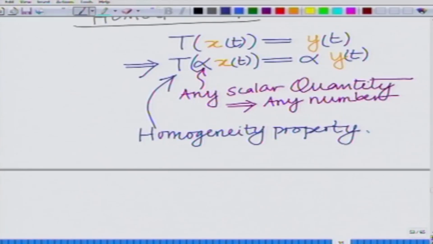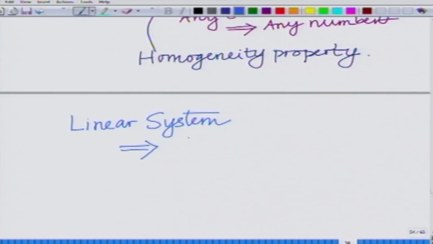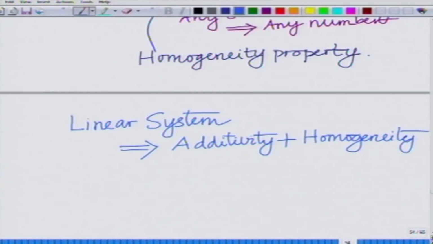Now a linear system is simply one that satisfies both additivity and homogeneity.